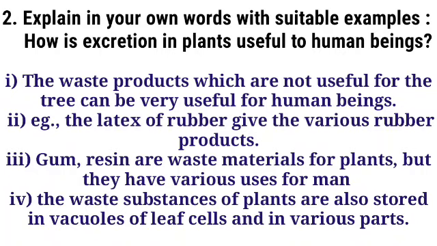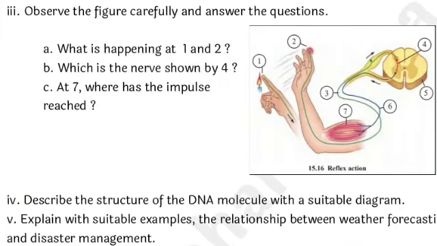Second, for example, the latex of rubber gives various rubber products. Third, gum and resin are waste materials for plants, but they have various uses for man. Fourth, the waste substances of plants are also stored in vacuoles of leaf cells and in various parts. Let's go to the next question.